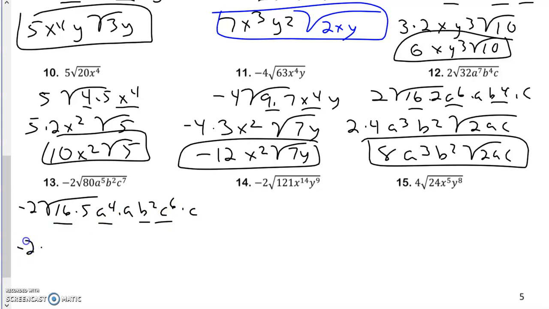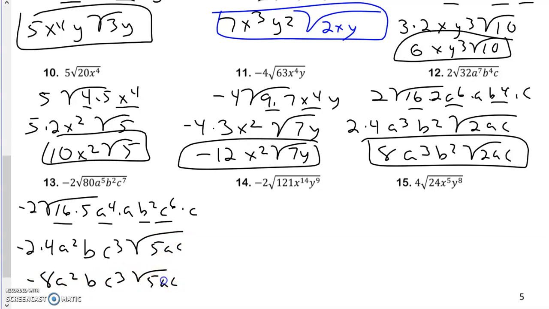And then I get a negative 2 times 4, a to the 2nd, because 4 divided by 2. 2 divided by 2 is 1. 6 divided by 2 is 3. And then I'm going to get a 5ac. My answer is negative 8a2, b, c to the 3rd, 5ac.